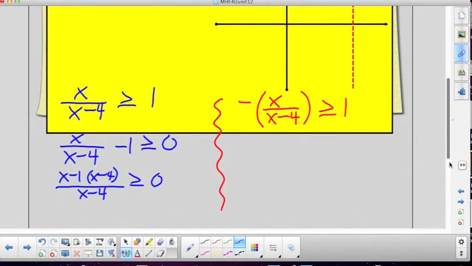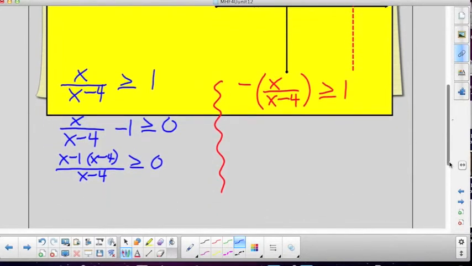And to simplify that further, this time there's not two binomials, it's just the negative 1 that's being distributed. So my final answer for this would be 4 over x minus 4 is greater than or equal to 0.